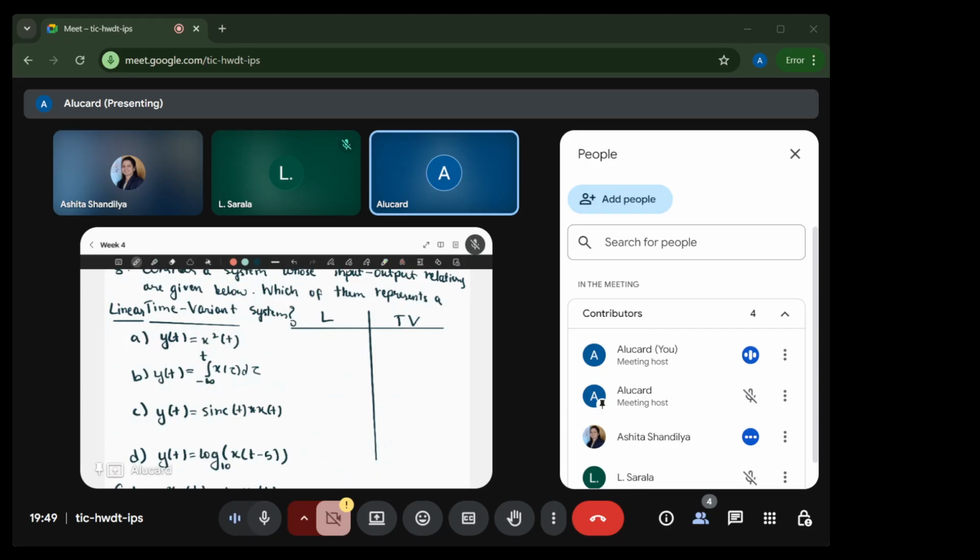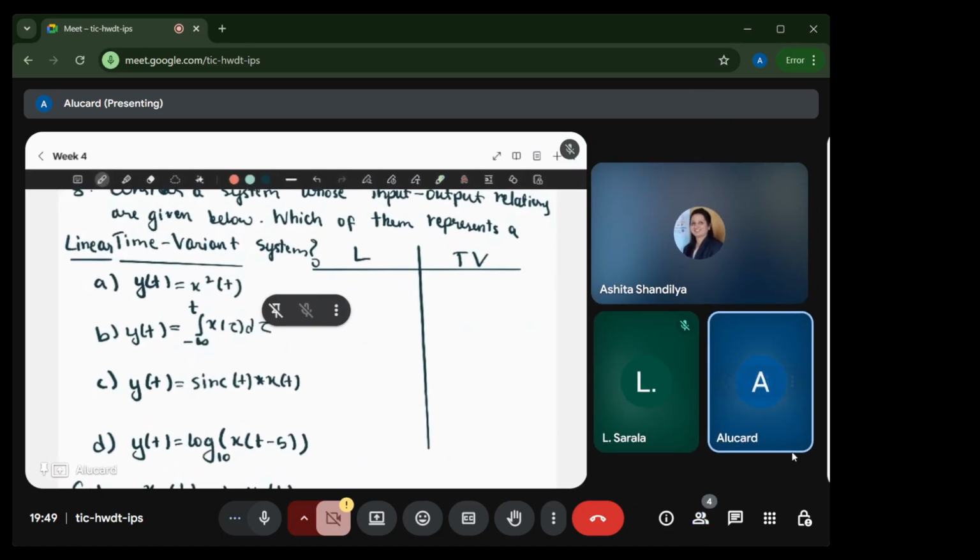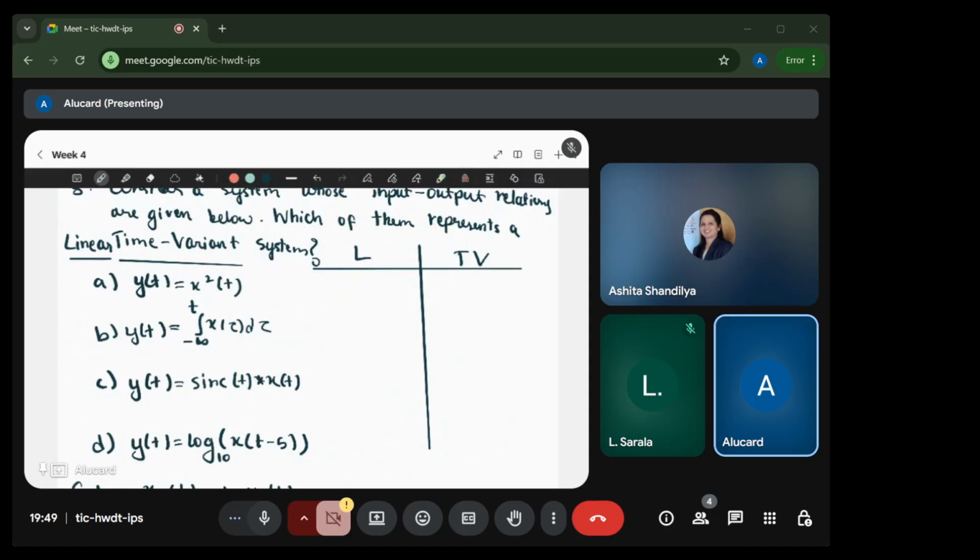The first system, y of t is equal to x squared of t, is a squarer, so it's not linear. It's time invariant. So it's actually not time variant.